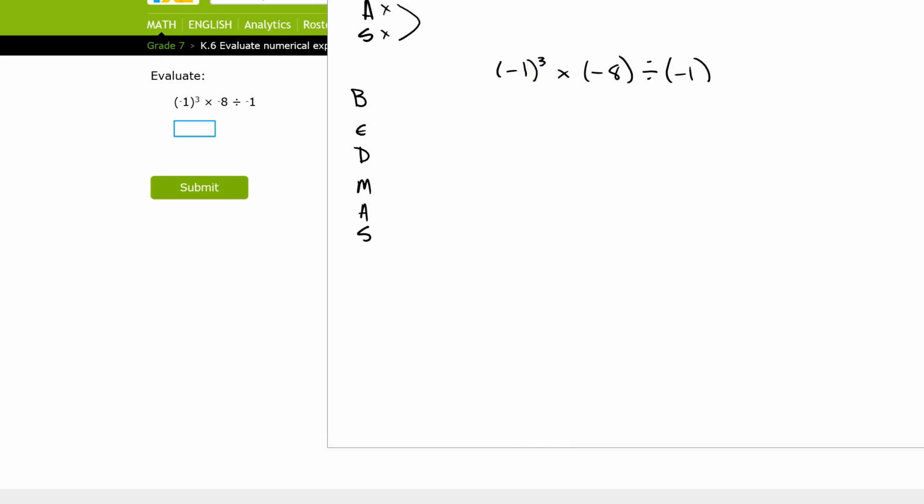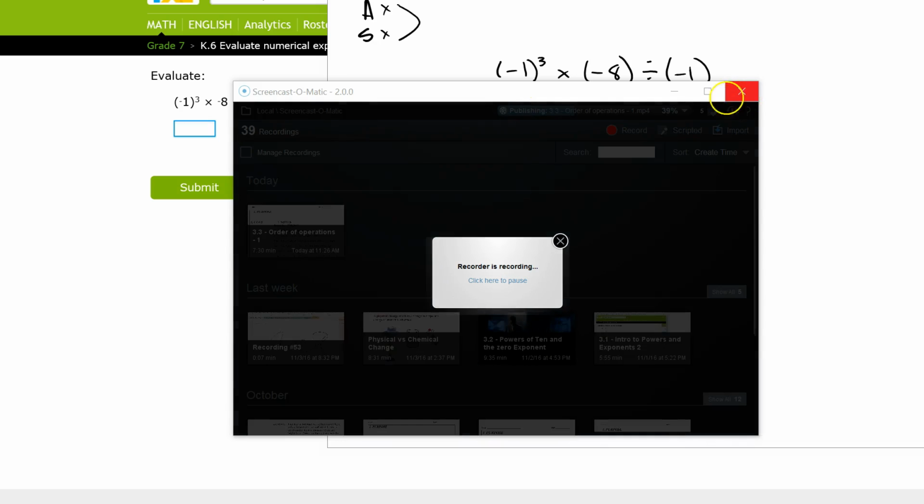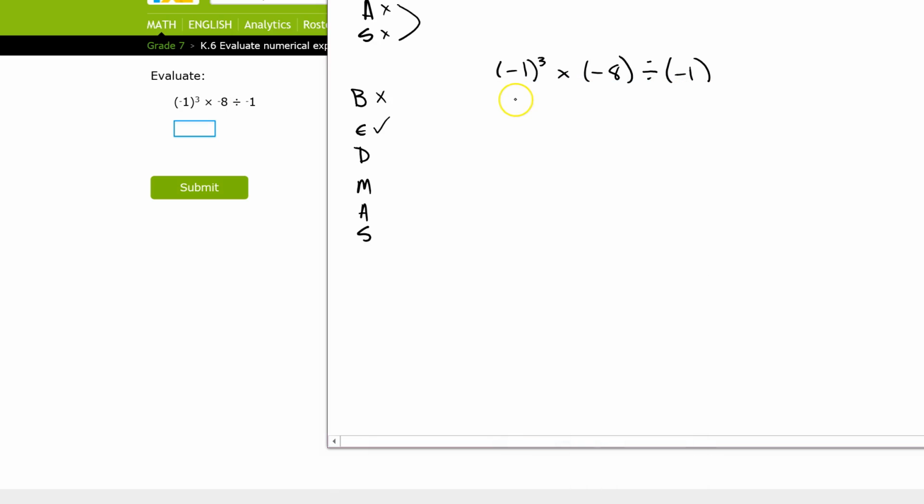So are there any operations in the brackets? Nope. We do have exponents though. Negative 1 to the power of 3 is still going to be negative 1, times negative 8 divided by negative 1.